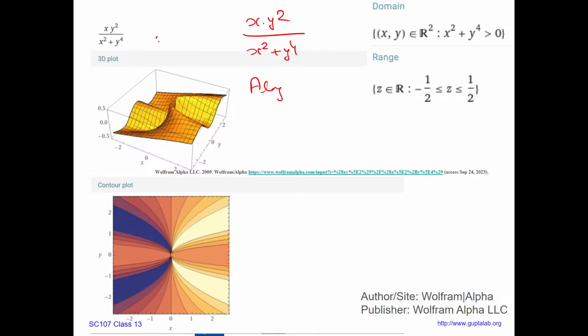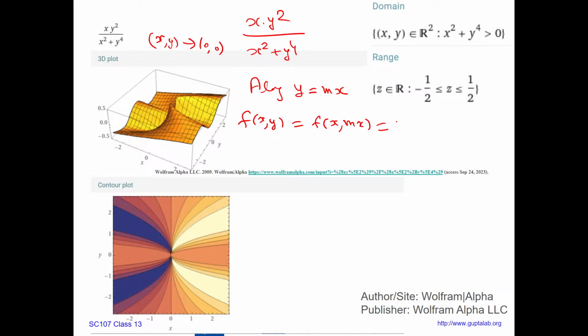Again, I want to compute the limit as x and y approach 0, 0 along y is equal to mx. What will happen? f of x comma y is equal to f of x comma mx is equal to m square x divided by 1 plus m raised to power 4 into x square, right?